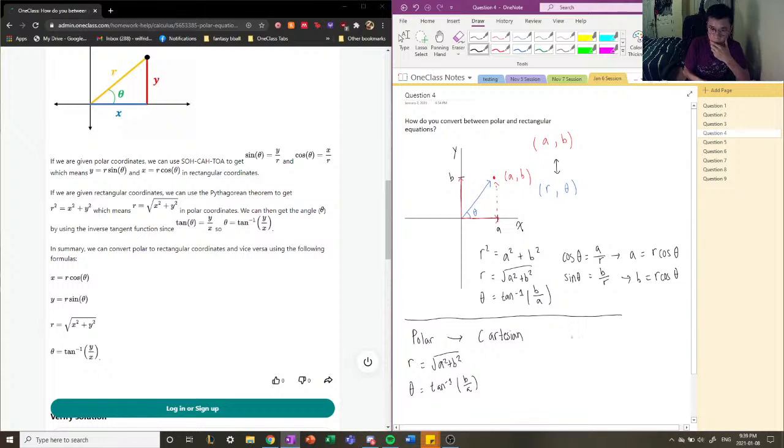Okay, and if we wanted polar to Cartesian, we would use a equals r cos theta and b equals r sine theta. Okay, so these are the formulas for converting back and forth.